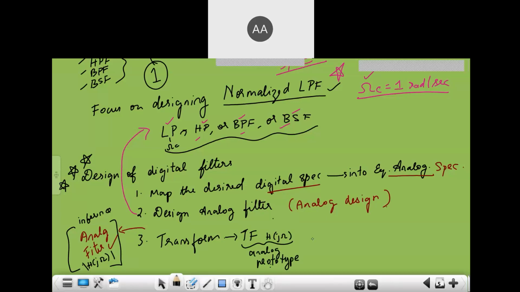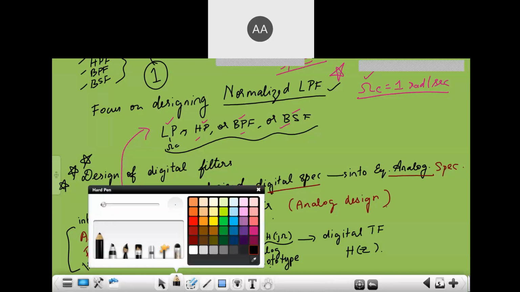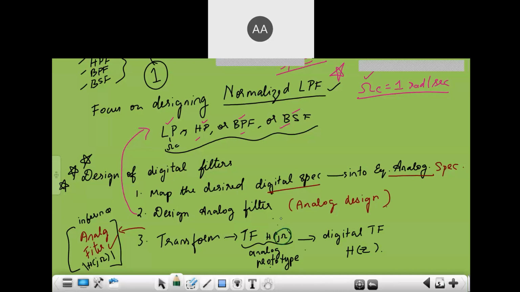This analog prototype, you will convert it into its equivalent digital transfer function. So digital transfer function means I will convert it to H of z. So you see here, the important thing that you need to remember is this omega term. Omega term, you have transformed it into its z term. That is the actual meaning of this transformation.